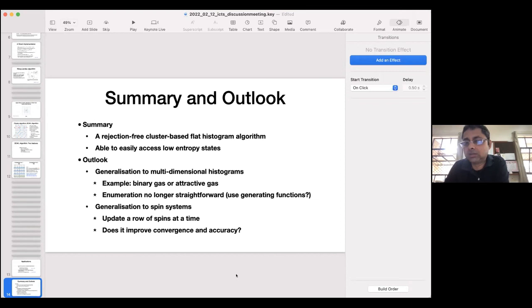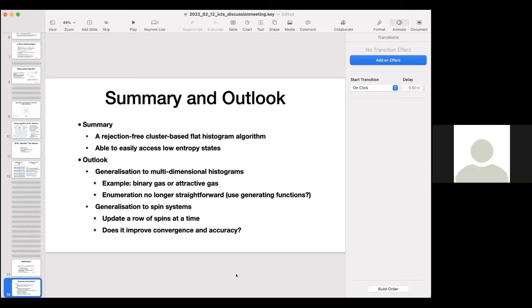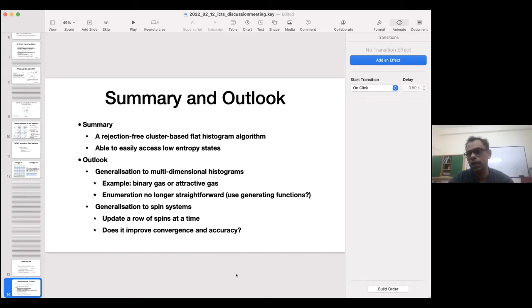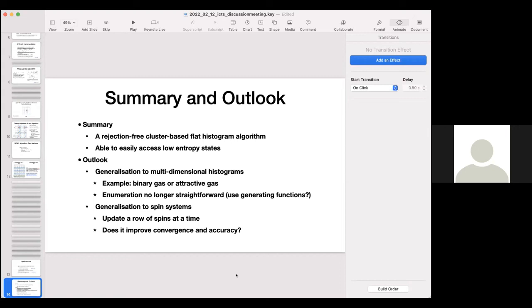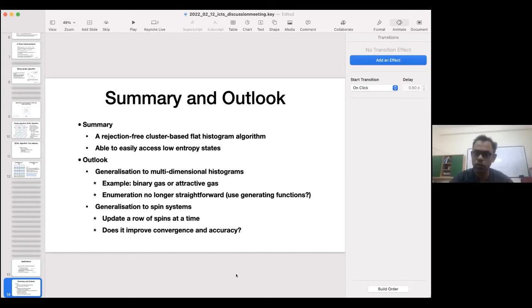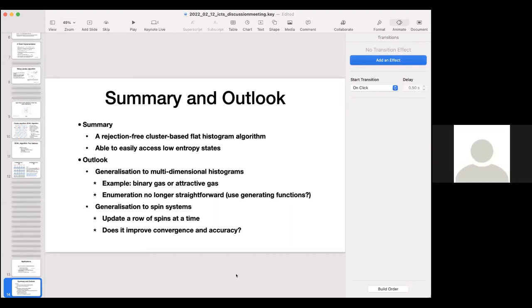Okay. Typically, how many Monte Carlo moves do you need for the cluster algorithm to get the flatness? So for example, the hard square 2NN model. If you do 200 cross 200, the full final converged g(E) we get in 10 to the power 7 Monte Carlo steps. And how does this scale with the size of the system?